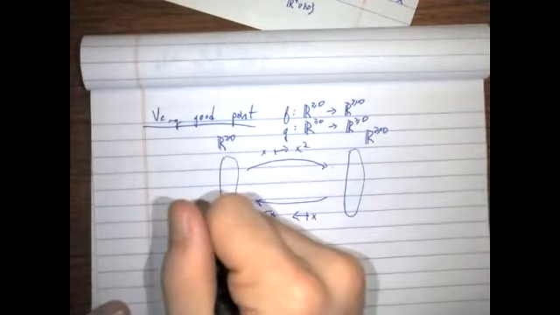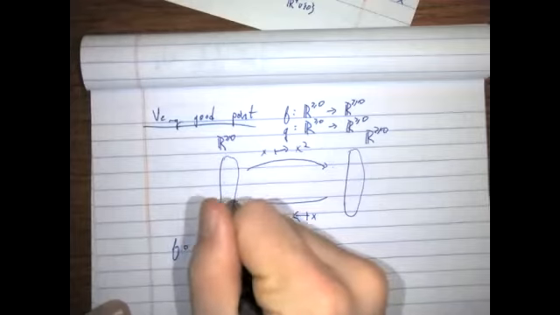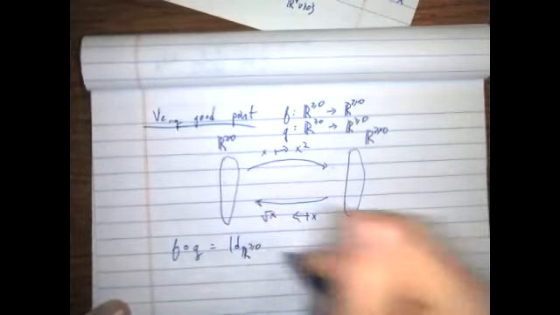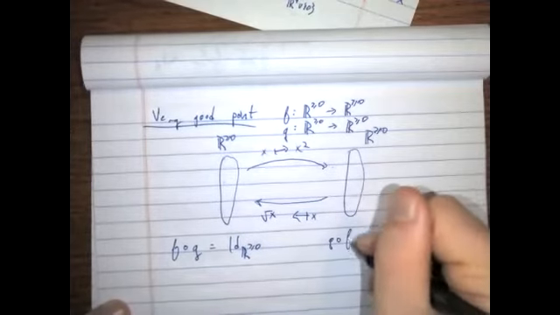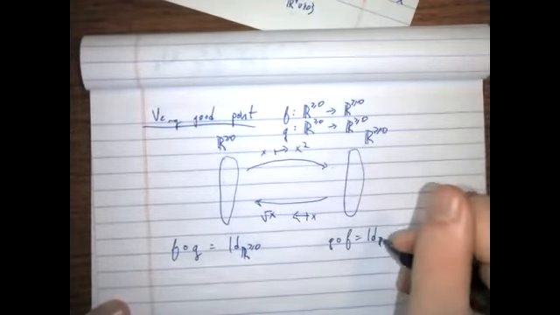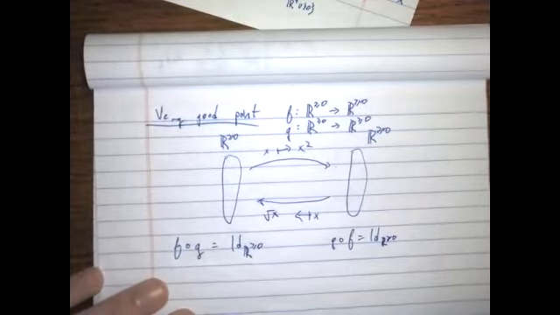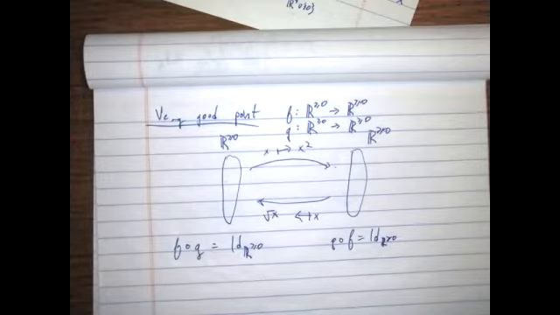And now I should be able to set up a system where f composed with g is equal to the identity function on r greater than or equal to 0, and similarly, g composed with f is equal to the identity from r greater than or equal to 0. Very good point. Thank you. Whew, I had a little heart attack there. Is this better?